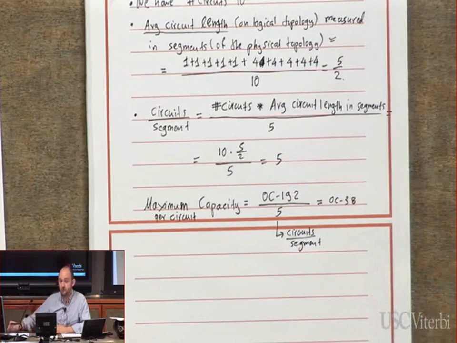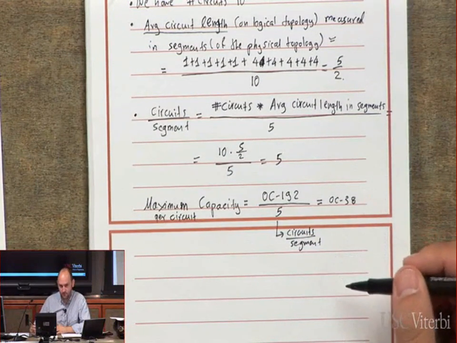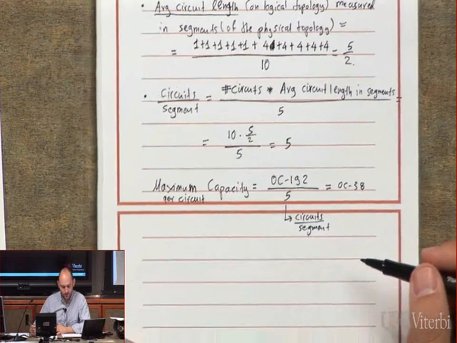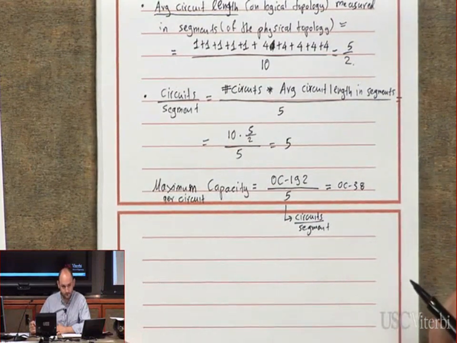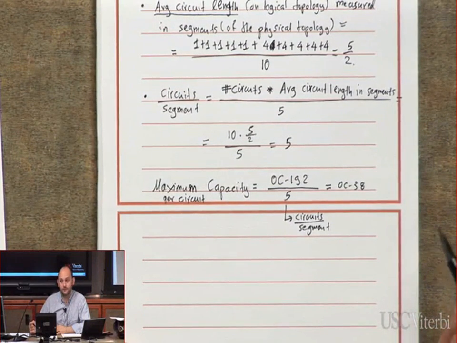The problem says that we support all the divisions of OC192, assuming. So that's the capacity supported. Do you agree so far? Is it clear? Okay.